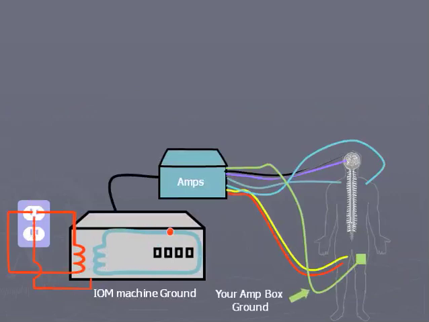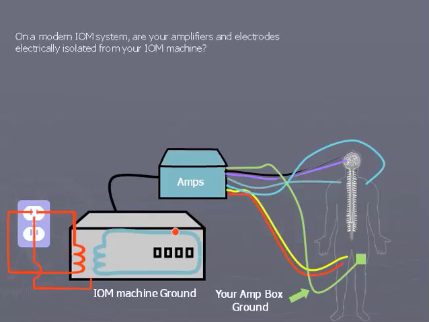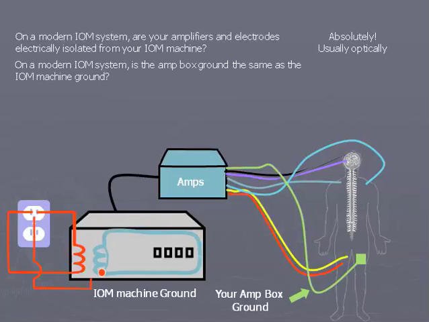On modern IOM systems, are your amplifiers and electrodes electrically isolated from your IOM machine? They absolutely are, usually optically isolated. On modern IOM systems, is the amp box ground the same as the IOM machine ground? No, they are not.